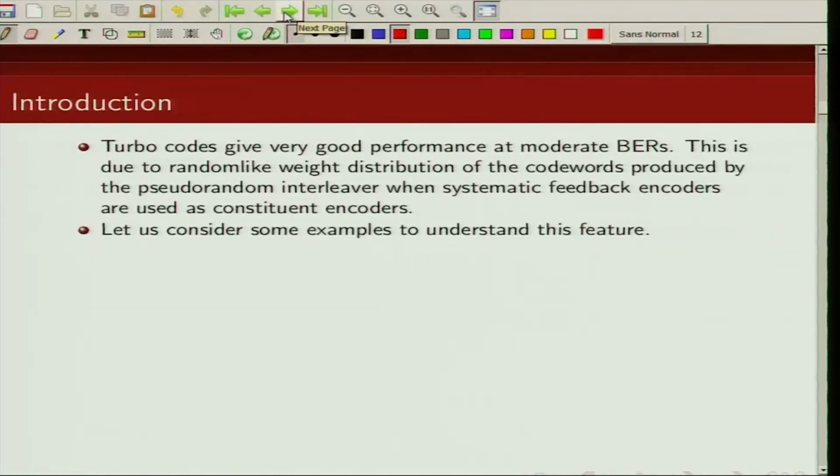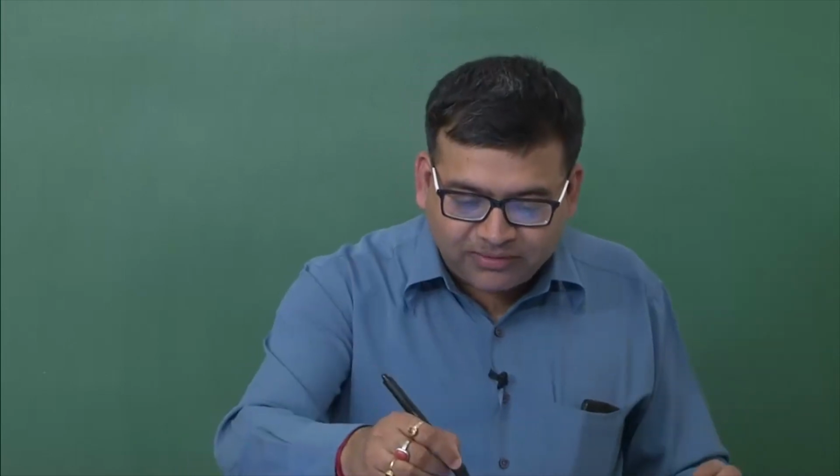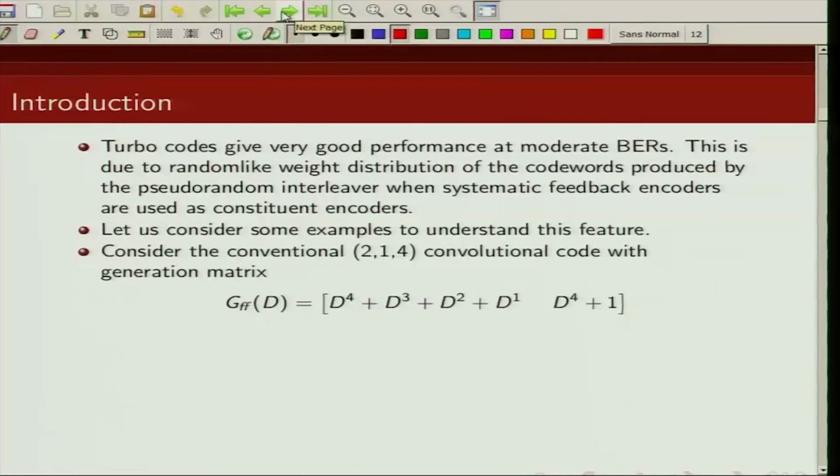Now we will try to look at the distance spectrum of a concatenated code and see how it is different from a convolutional code. So let us start with an example. We are considering a rate 1/2 convolutional code with memory 4 whose generator matrix is given by this.